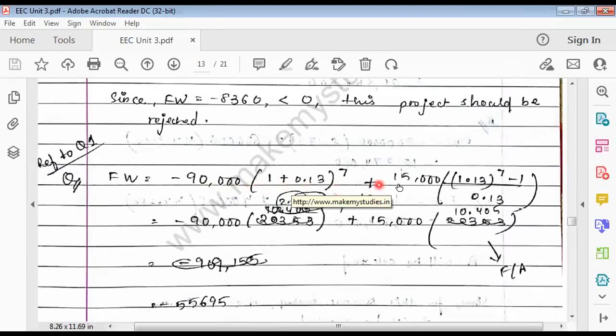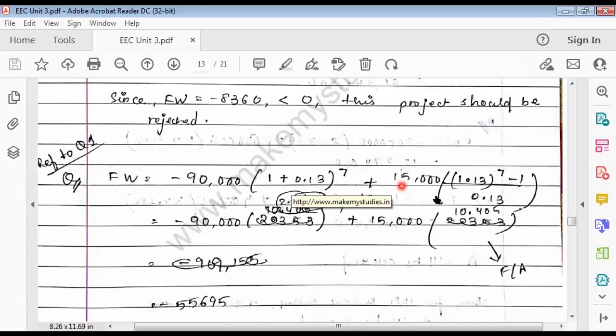Plus. Now, the returns: what did we find in the question? The returns are 15,000 rupees every year for the next 7 years. That's the case of an annuity. It's an annuity problem, and we have to use the second formula. We can still use the first formula, but it will be a very lengthy process. Why do that when we have a shortcut formula?